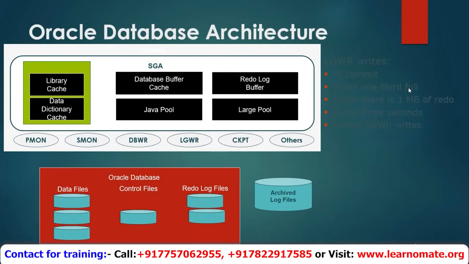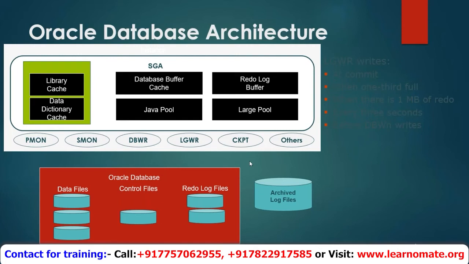So archive log files are nothing but backups of redo log files, which contain the changes being made to the Oracle database. These redo log files and archive log files contain the changes being made to the database. Remember, I again repeat, they contain committed as well as uncommitted transactions.